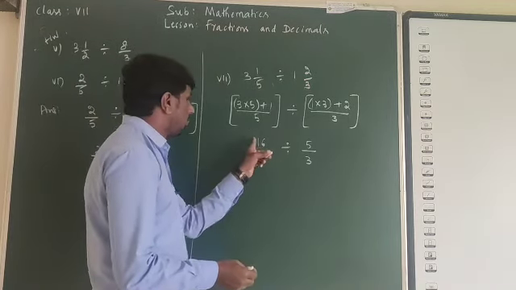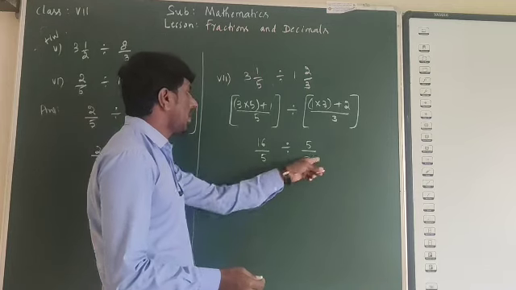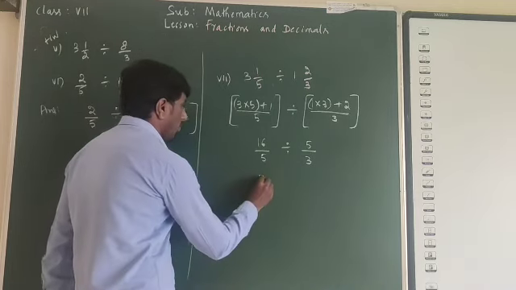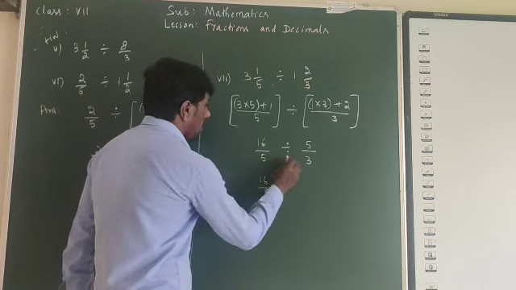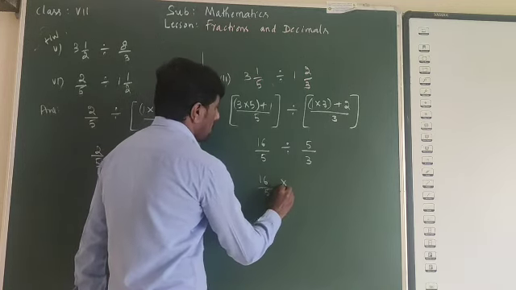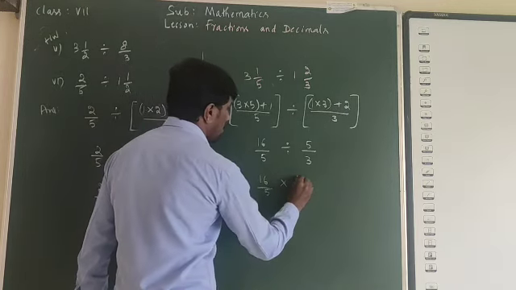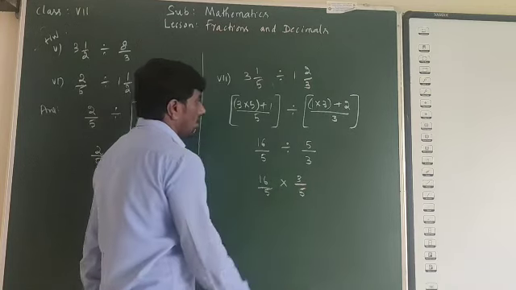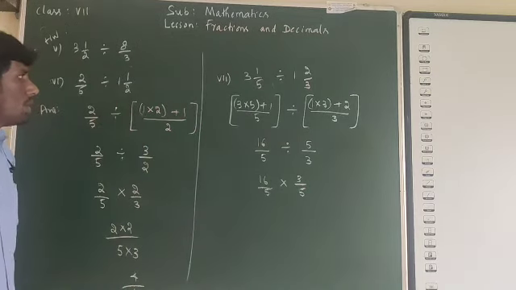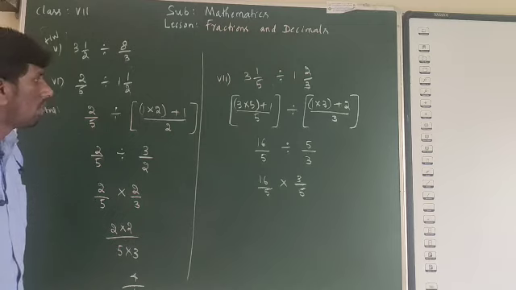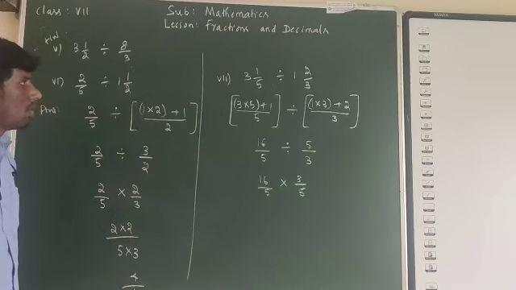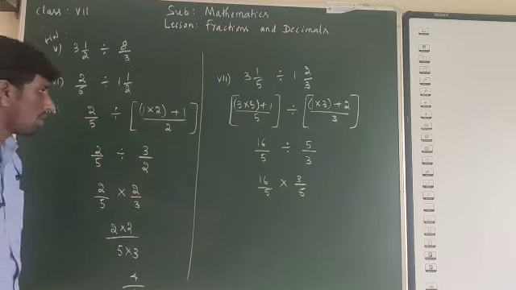Now this is a division of a fraction by a fraction. We will do this. 16 by 5, convert this division operation to a multiplication operation, then take the reciprocal, 3 by 5.